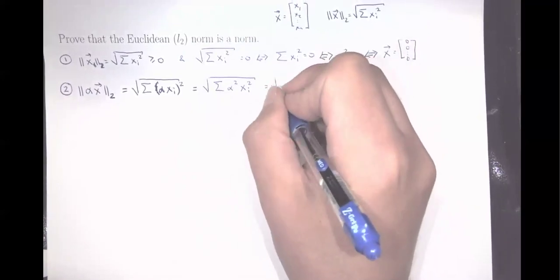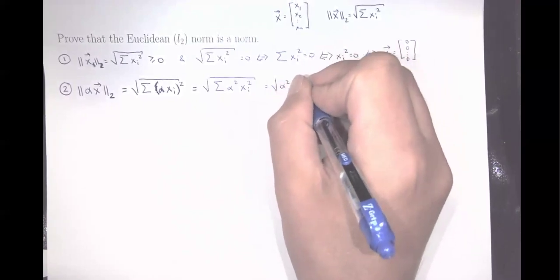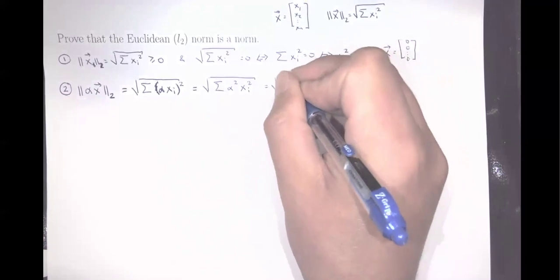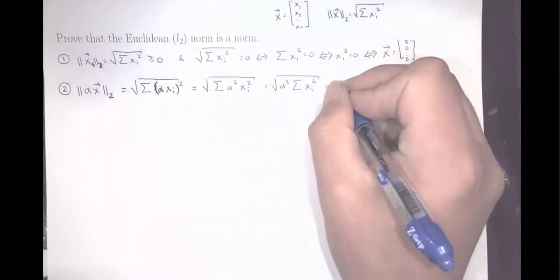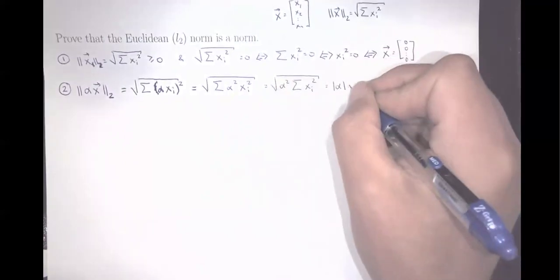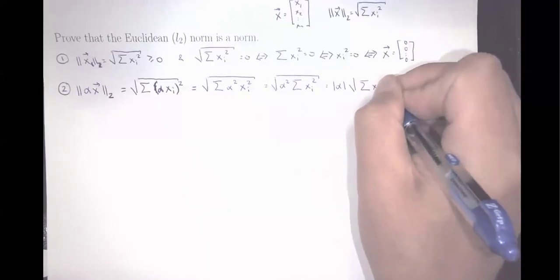So this is just really the root of alpha squared times the sum of each of those xi squareds. And of course, this is the absolute value of alpha, if we bring that outside of the square root, times the root of the sum of the xi squareds.